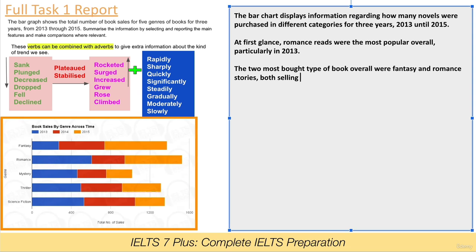Both selling over 1300 in total. Okay, so we grouped them together here. Let's go into more figures. So that's the overview. Let's talk about romance being the most popular, and maybe we could talk about overall and different years as well.